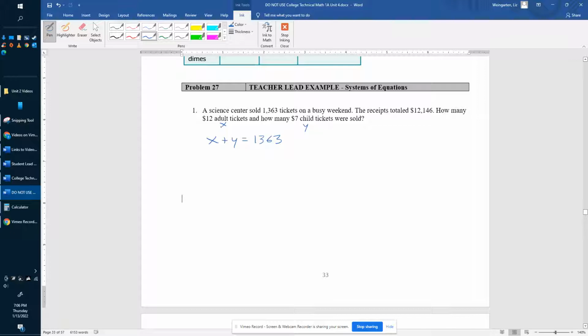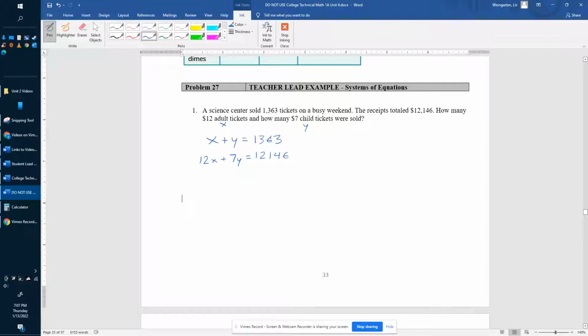So, what were the cost of the adult tickets that would give us this value? $12 per adult ticket, plus, what was the value of the child ticket? $7 per child ticket gives us 12,146.